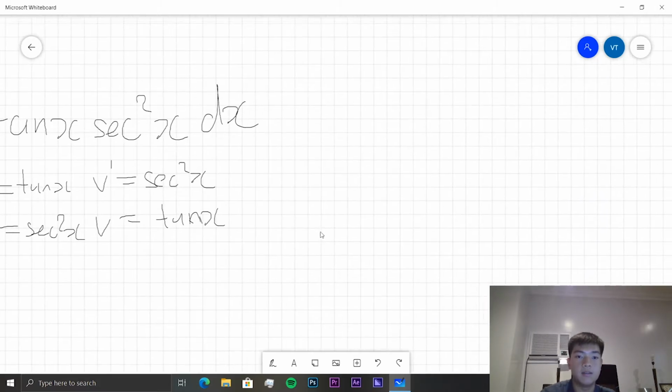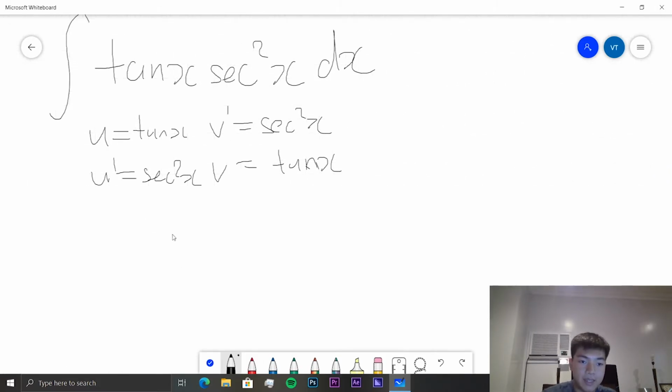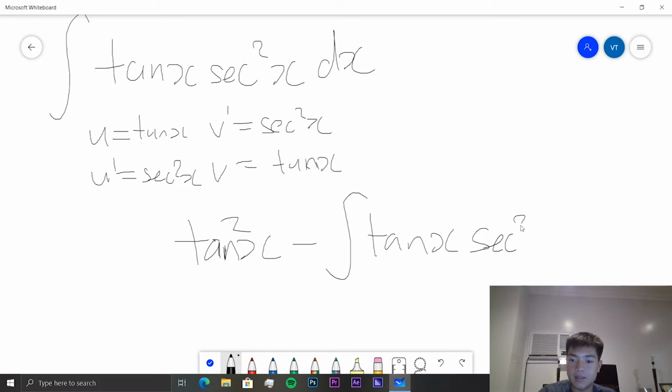So what we get if we take this out is tan squared x minus the integral of tan x secant squared x again.